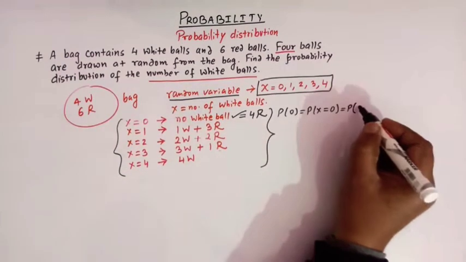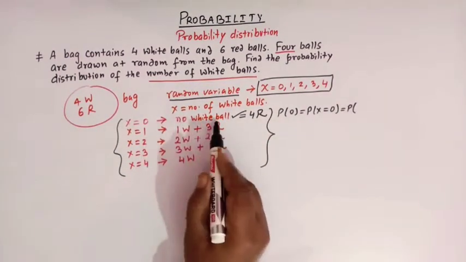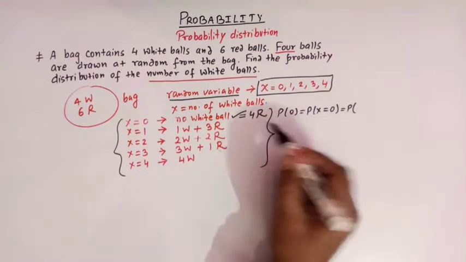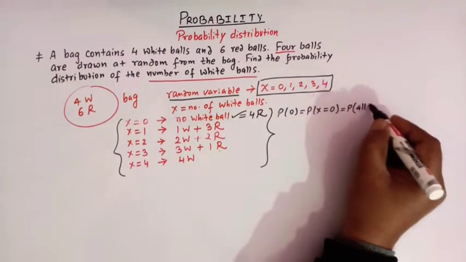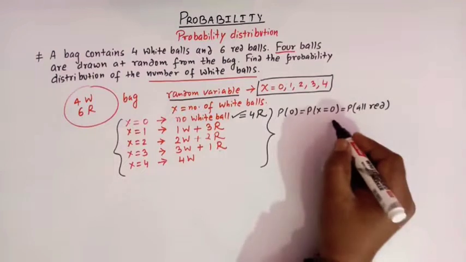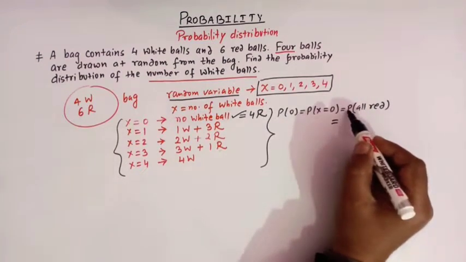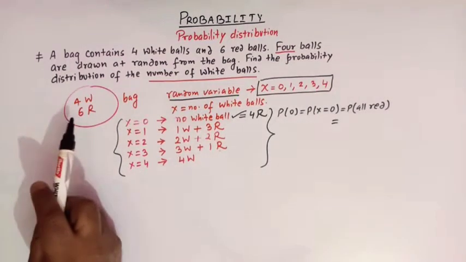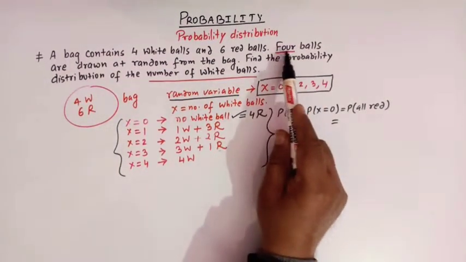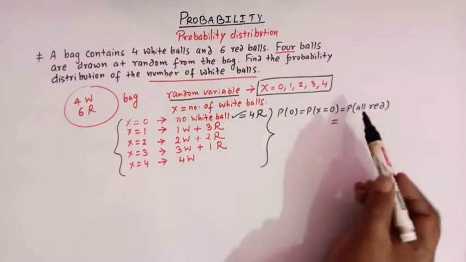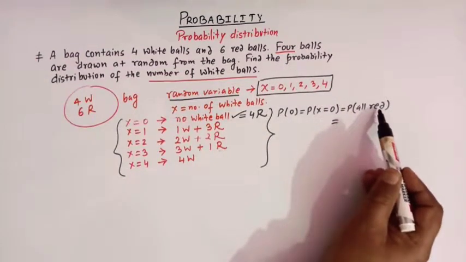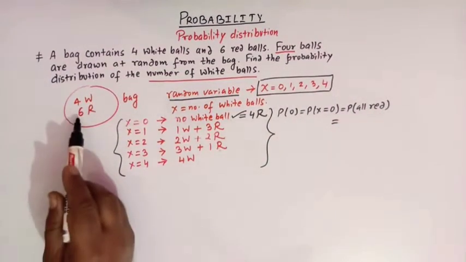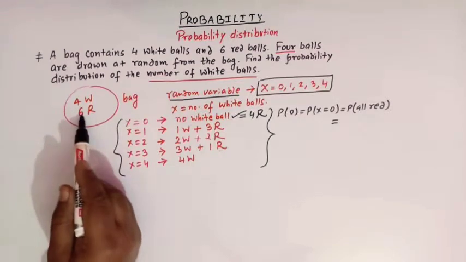It means all the balls are red in color, so all balls are red. Now when all the balls are red, it means we have to draw 4 balls out of 6 red balls.